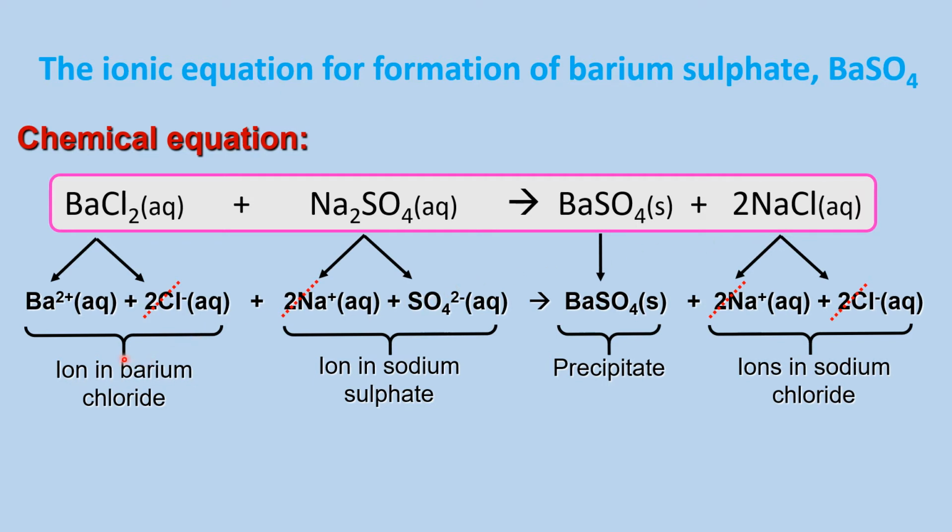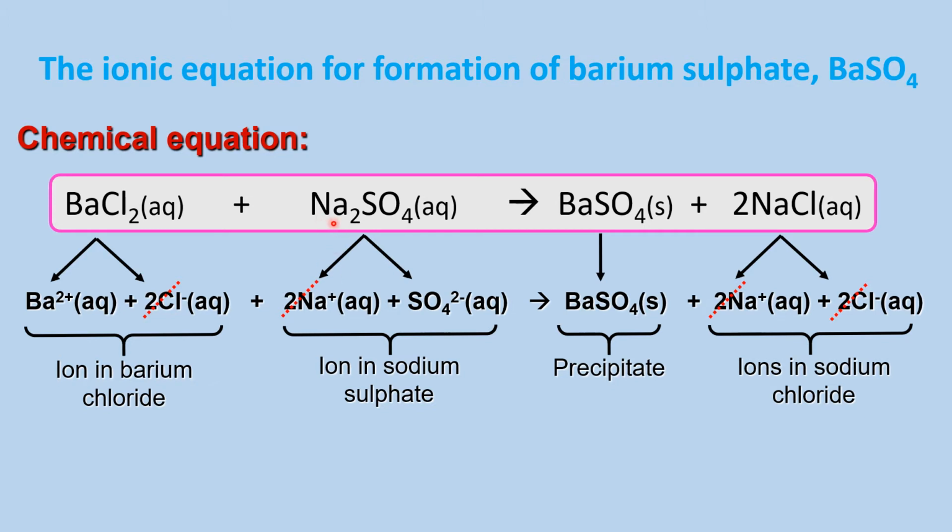Okay, first step, you have to break each soluble salt into their constituent ions. For example, we have here Ba2+, so it is important for you to memorize the charge for each ion. So Ba2+ here, Cl-, we have 2 of Cl-, that's why you have to write down 2Cl-.